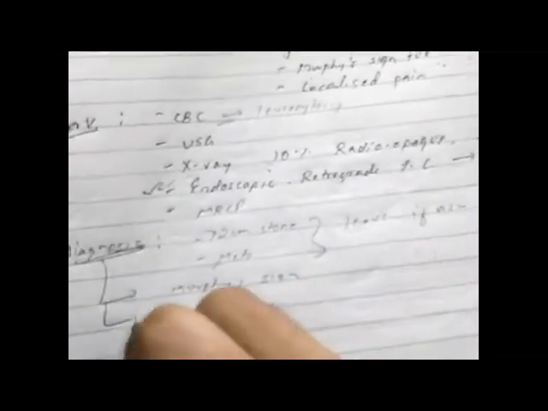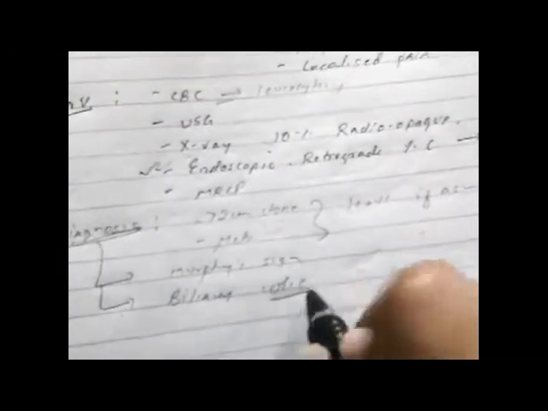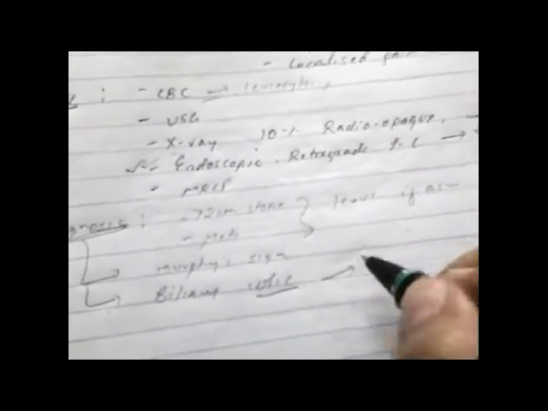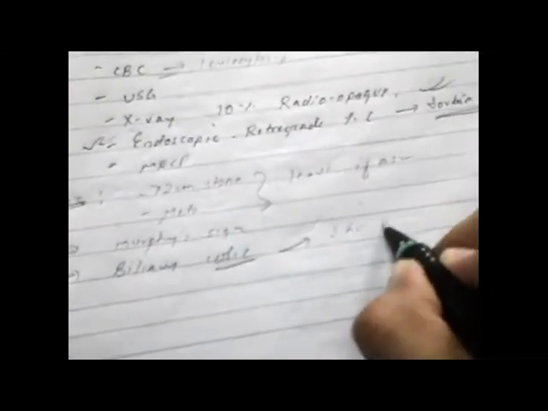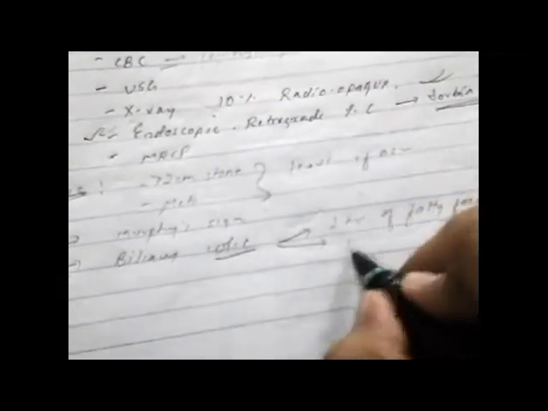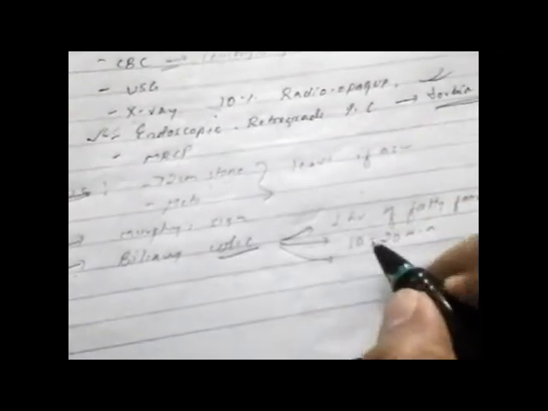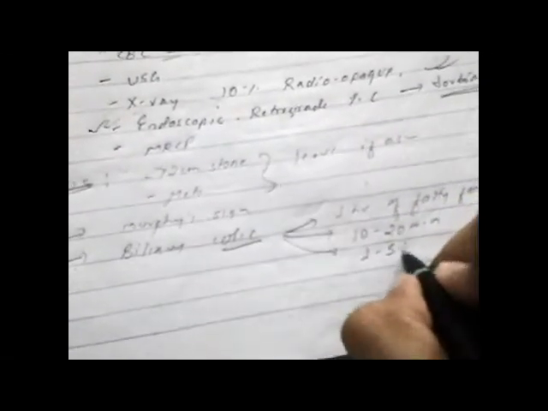Typical biliary colic, which I have already discussed, occurs about 1 hour after food, after having fatty food. The pain increases in severity over 10 to 20 minutes, then subsides, and may last up to 1 to 5 hours.